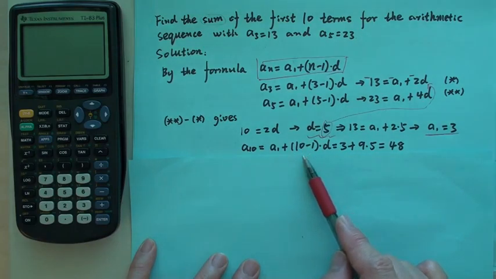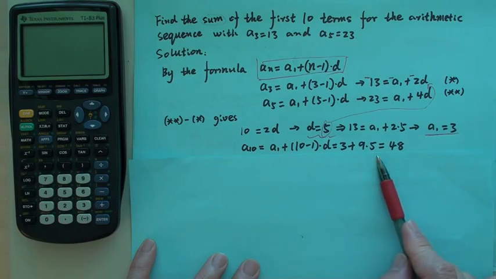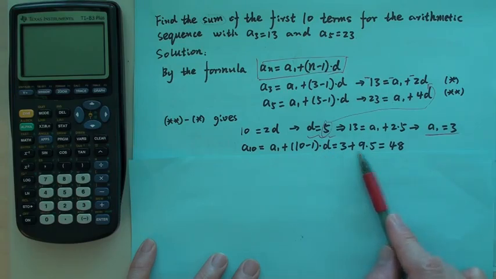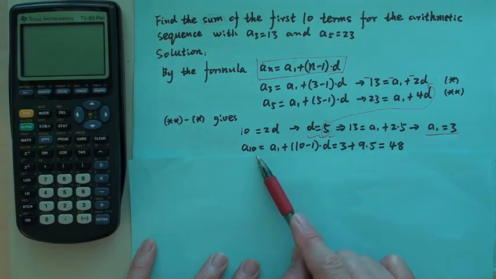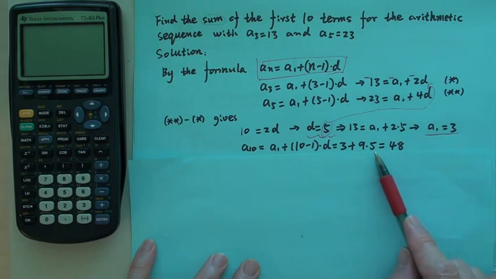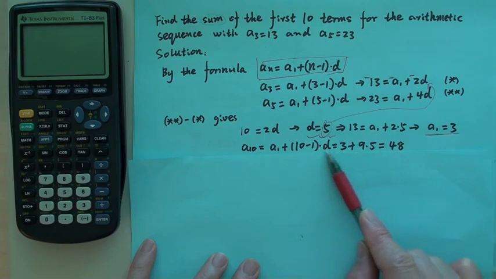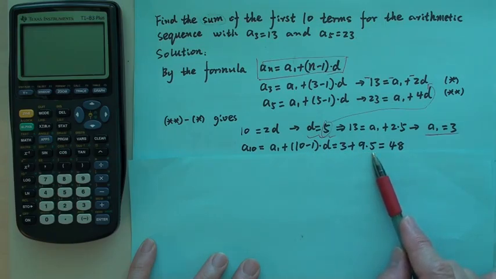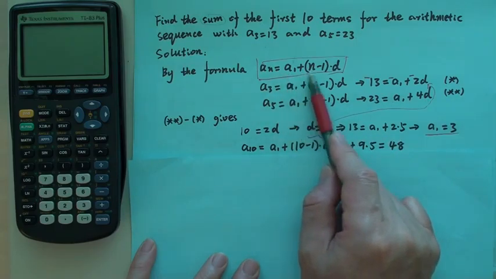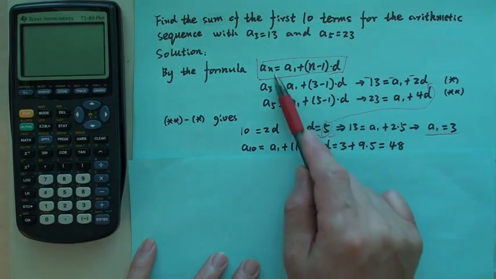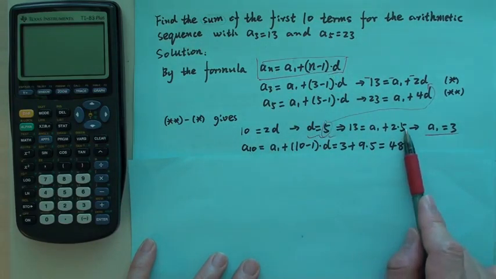I explained before how this formula works and why it is true. So 3 plus 9 differences gives you the 10th term. 5 times 9 is 45, then you add 3 to get 48. Again, with a1 and d, you can find any term you want.